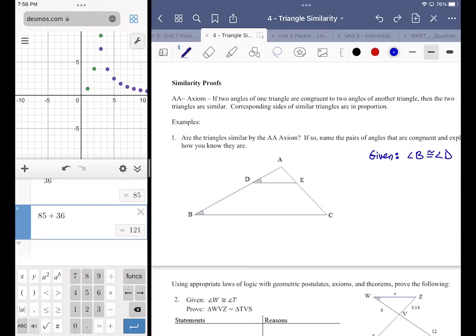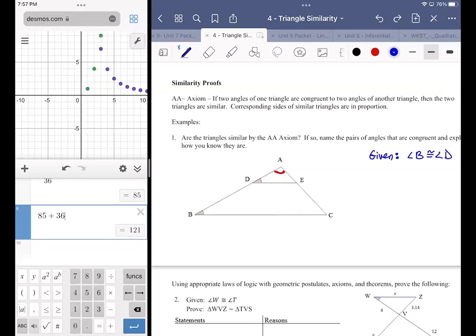Well, maybe, maybe not. One thing I do know for sure is that the angle at A for the small triangle is going to be the same as the angle at A for the large triangle. Those two angle A's are going to be the same as one another.